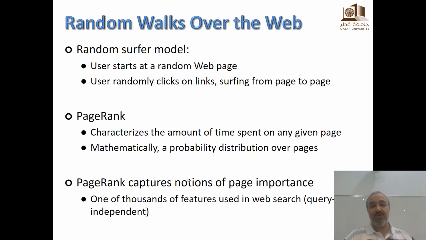As we said, it captures the notion of page importance, and it was one of the key features that made Google so effective in web search. Now it is, of course, one of the features, but it was a very major feature in the web search technology.